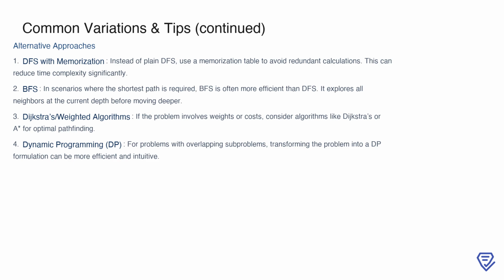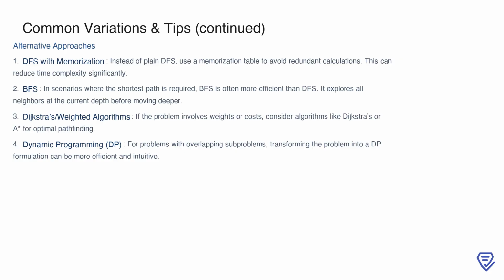Unlike DFS, BFS explores all neighbors at the current depth before moving deeper, making it ideal for scenarios where optimality is key. For problems involving weights or costs, algorithms like Dijkstra's or A* are often the best choice. These weighted algorithms are designed to find the most efficient paths in such contexts.